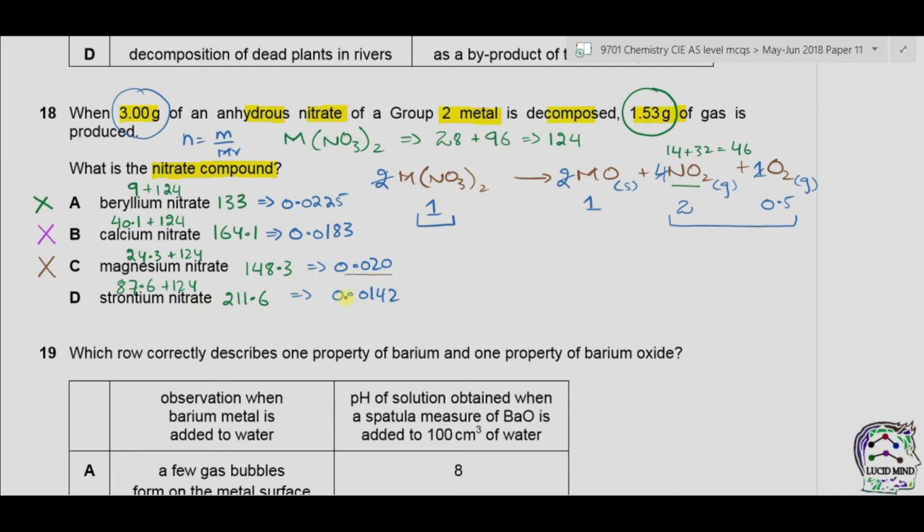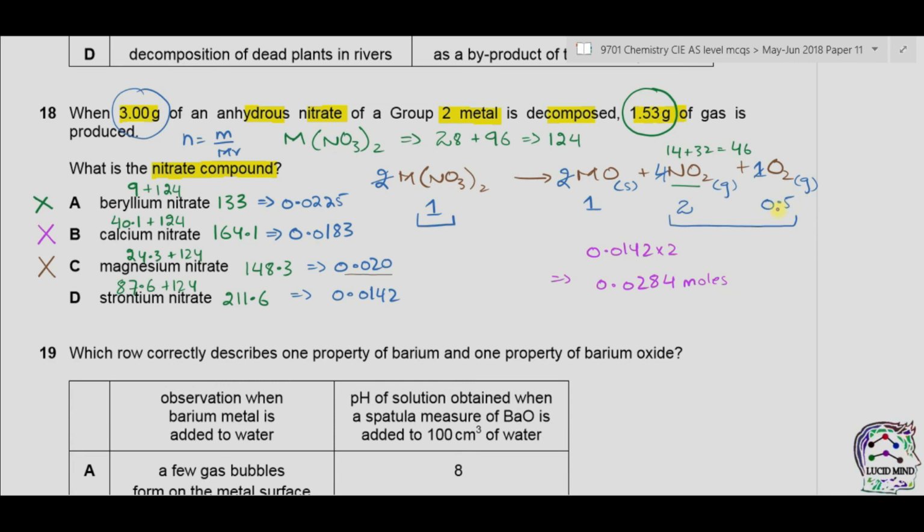Now doing the same for D, as we have 0.0142 moles, the number of moles of NO2 will be doubled, 0.0142 into 2, which equals 0.0284 moles of NO2.